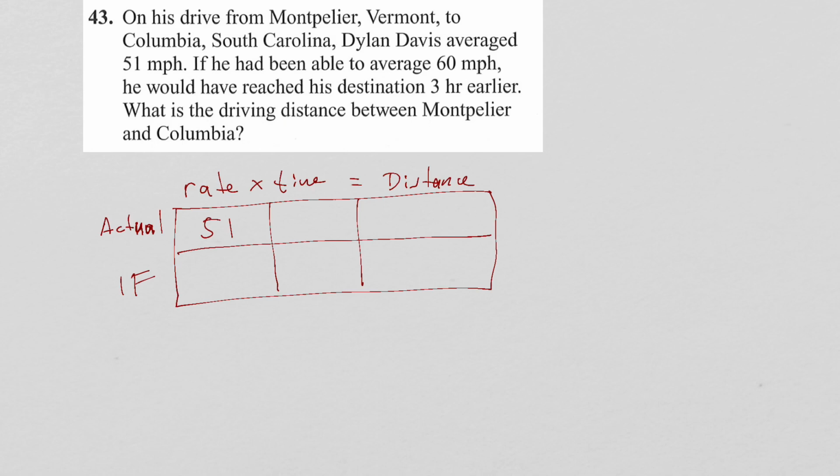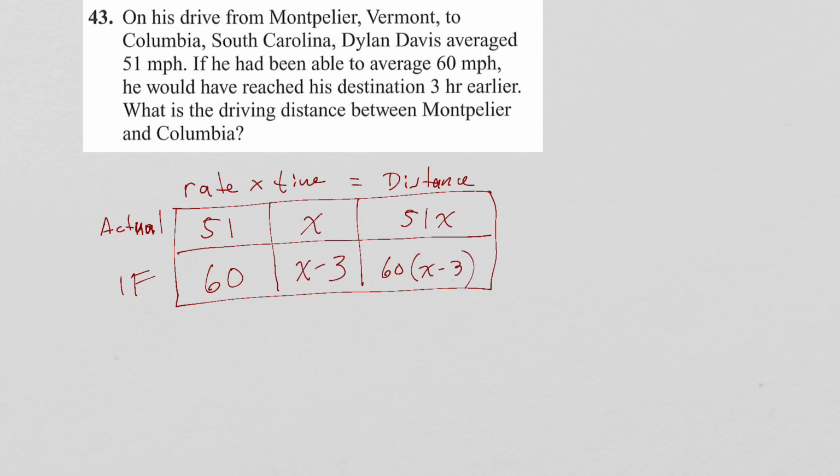And if he drove, he would have been driving 60 miles per hour. Now, we don't know how much time he took actually, but we do know that if he went 60 miles per hour, he would have gotten there with 3 hours less time. So when we multiply across, we get 51x and 60 times x minus 3.